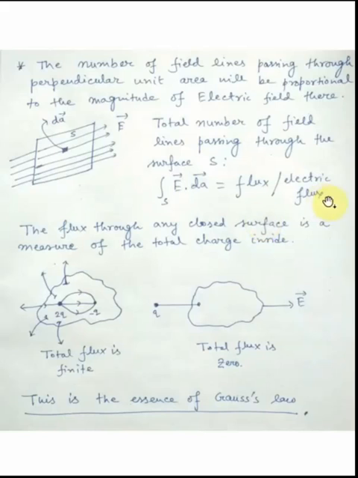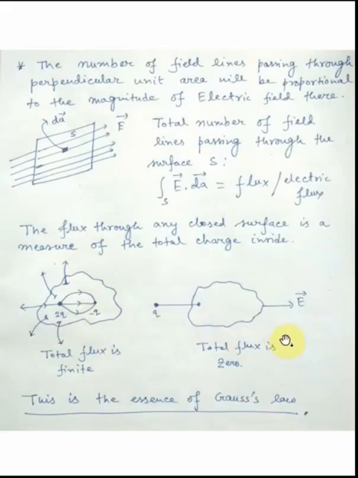Now, this suggests that the flux through any closed surface is a measure of the total charge inside. Suppose the field lines that originate from a positive charge, as in this picture, must either pass out through the surface or else terminate at another negative charge inside.